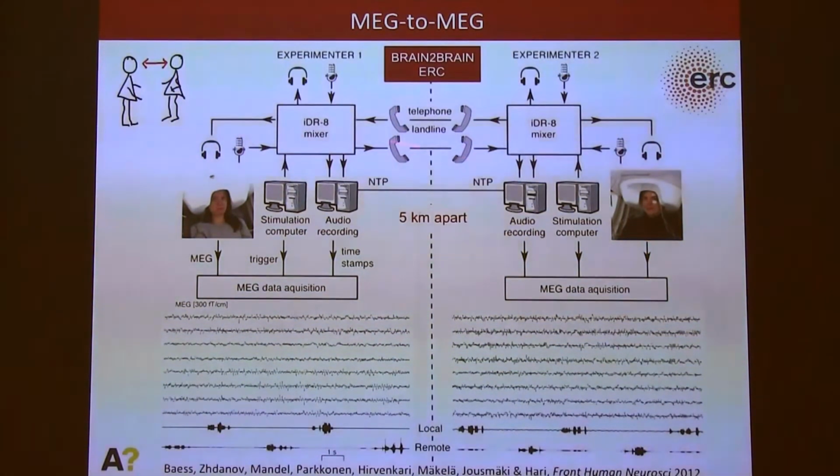This was just an audio link, so people were able to speak by telephone together, and we locally saved the data, and also all the speaking information. This was just an auditory connection, and we started to study the brain basis of conversation.